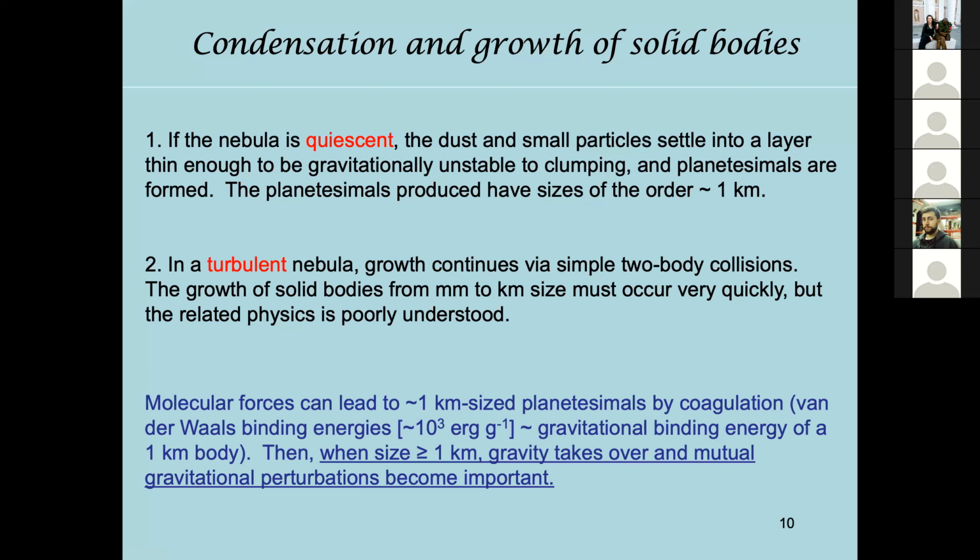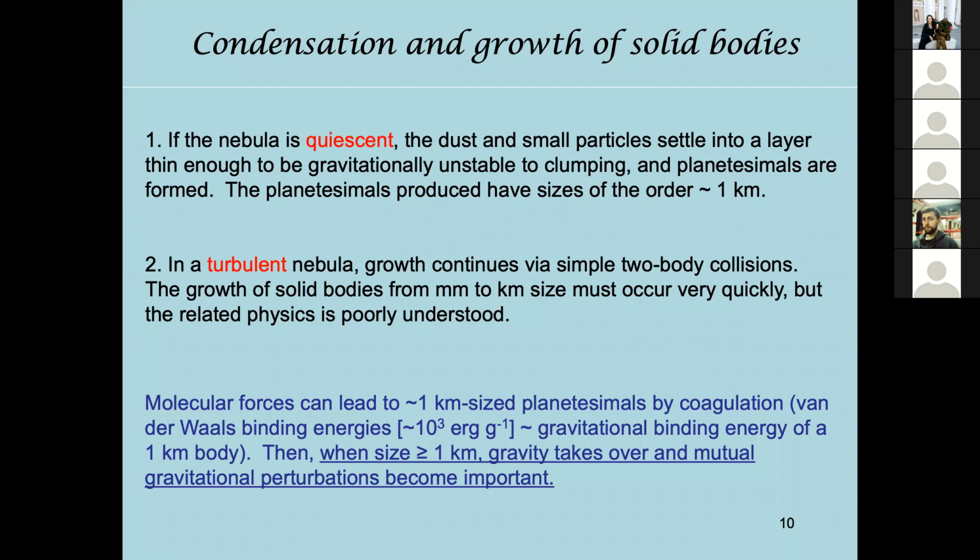So why a 1 kilometer size planetesimal? Well, once you have a 1 kilometer size body, the gravitational binding energy becomes comparable to the van der Waals binding energy that brings together these smaller pieces, as we have seen for the interplanetary dust particles.